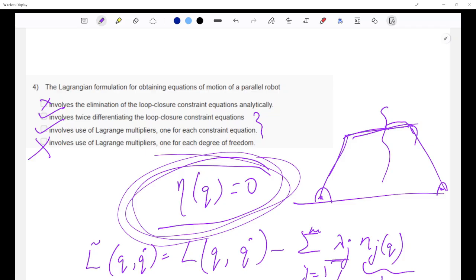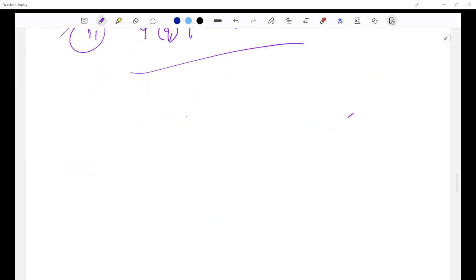So we define a holonomic constraint basically when our equation depends on q. Let me take an example. You want to know it for parallel robots? Just hold on. Okay.